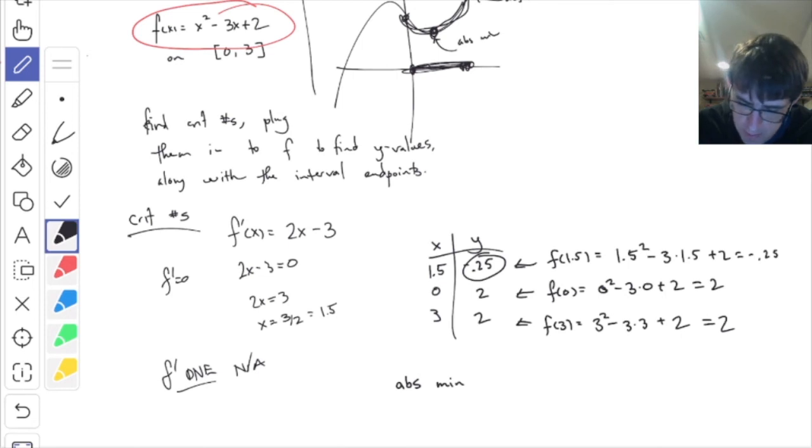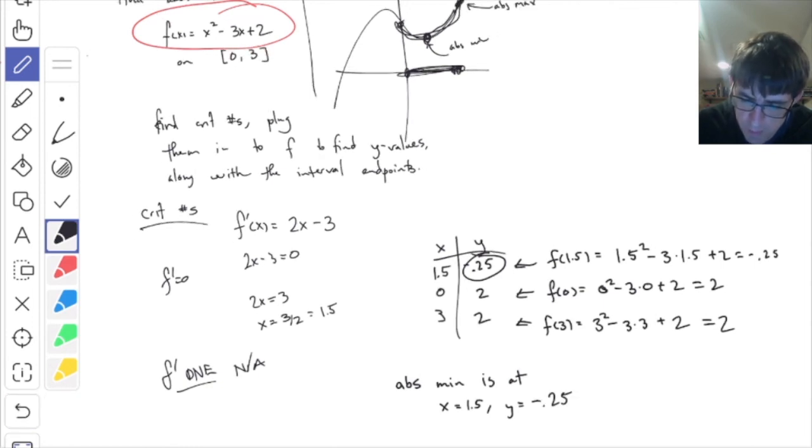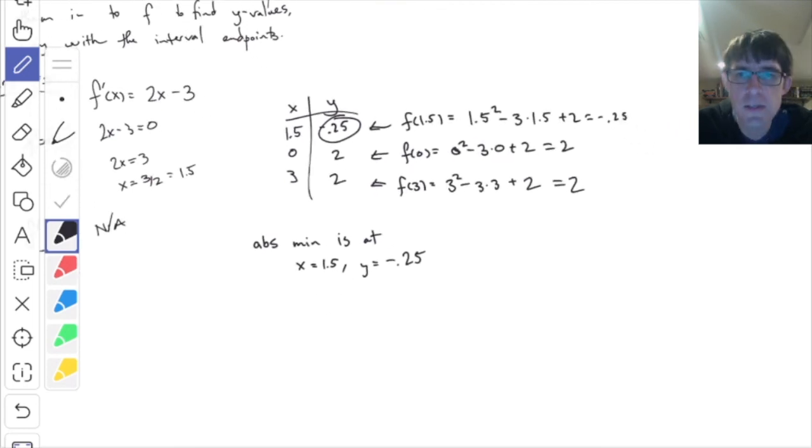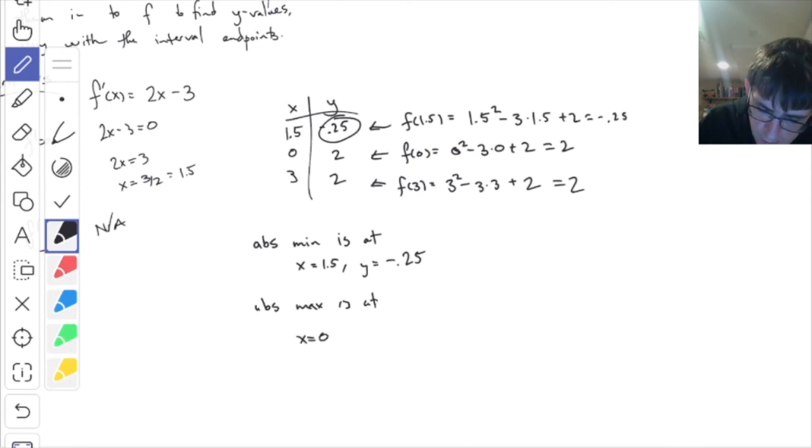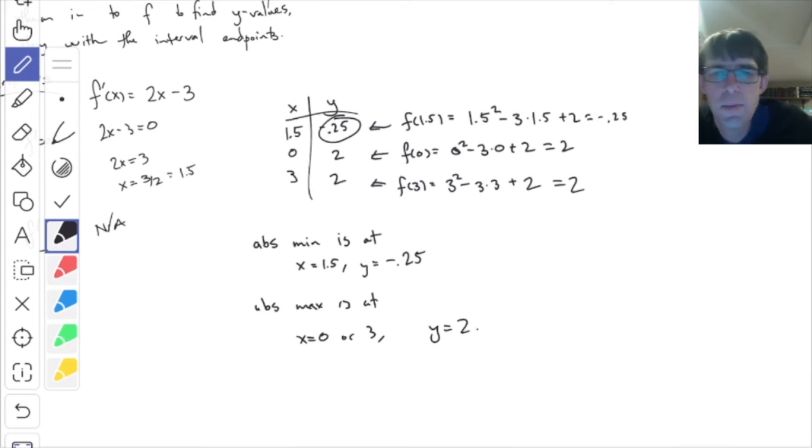The absolute minimum is at x equals 1.5, y equals negative 0.25. And then the maximum would be those other ones. By coincidence, I got the same answer two different times. This can happen. It doesn't usually happen, but I will say the absolute maximum is at x equals 0 or 3, and the y value is 2. All right, this is the absolute minimum and the absolute maximum.